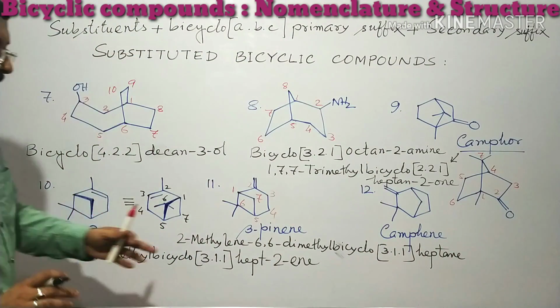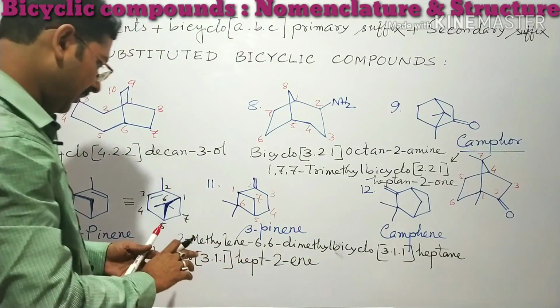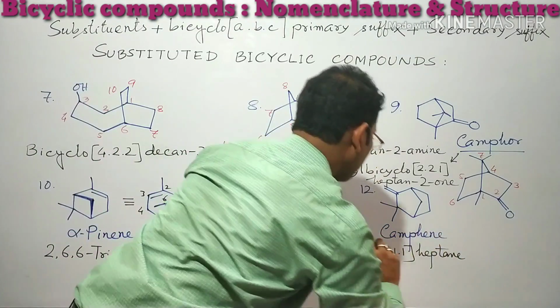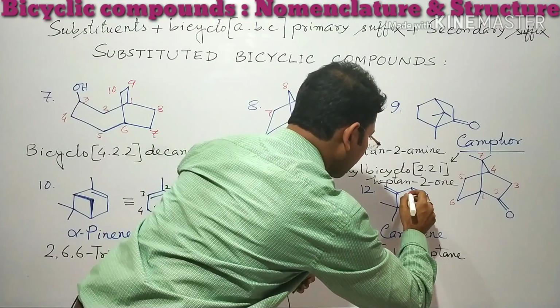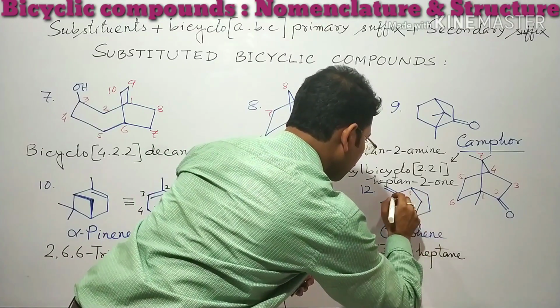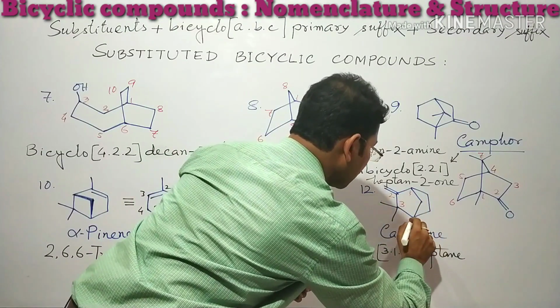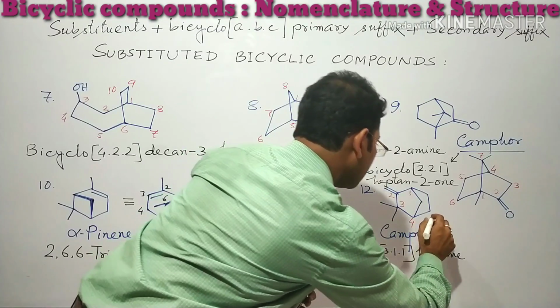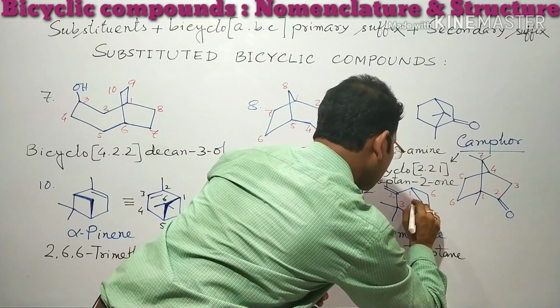And the name of camphene is in a similar way. The numbering starts from here: 1, this is 2, this is 3, this is 4, this one is 5, this one is 6, this one is 7.